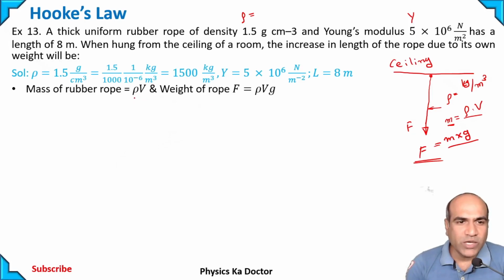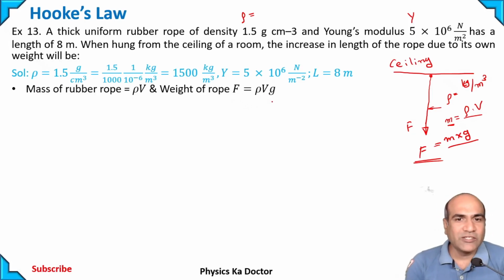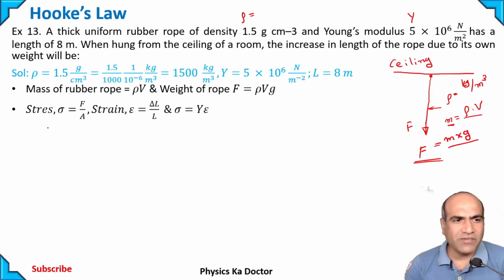And if you require weight, just multiply by gravitational acceleration. We get force exerted by gravity: F is equal to rho V g. Now we know this equation: stress sigma is equal to F by A, strain is equal to delta L by L, and sigma is equal to Y epsilon. So this is from Hooke's law.